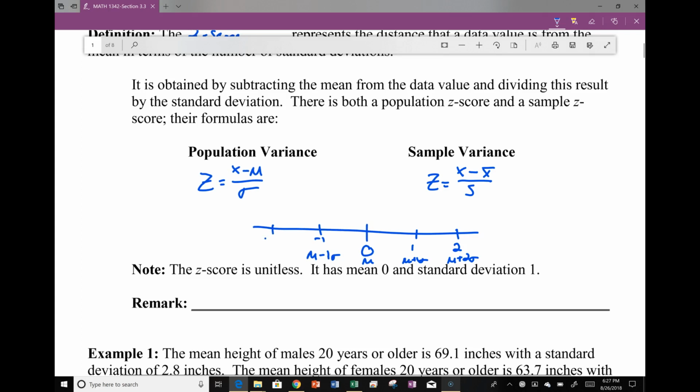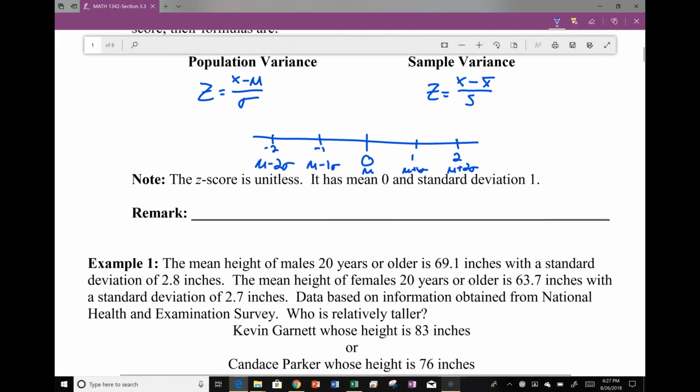A negative 2 represents the mean minus 2 standard deviations. So this right here are our z-score values. Here, as we already discussed in examples with the empirical rule, we've just added and subtracted a standard deviation.